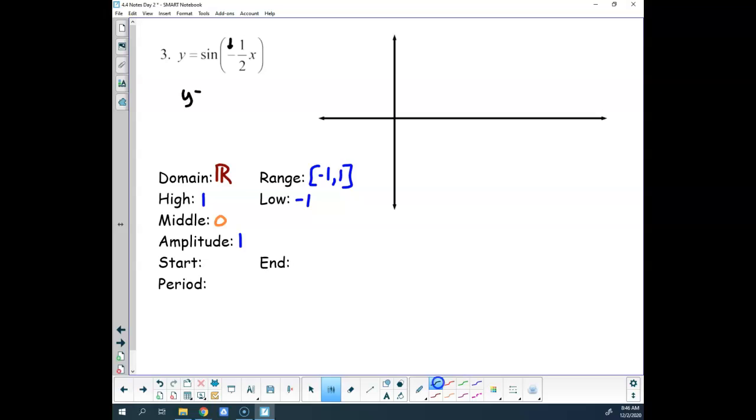So this is really y equals negative sine of 1/2 x is the function that I'm dealing with. My period then would be 2 pi divided by 1/2, which is going to be 4 pi.